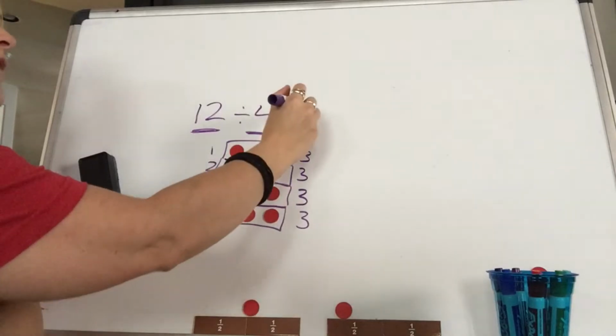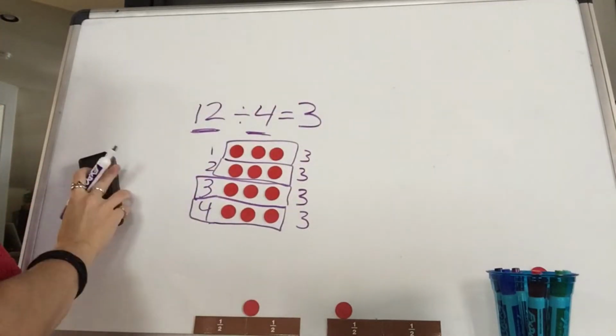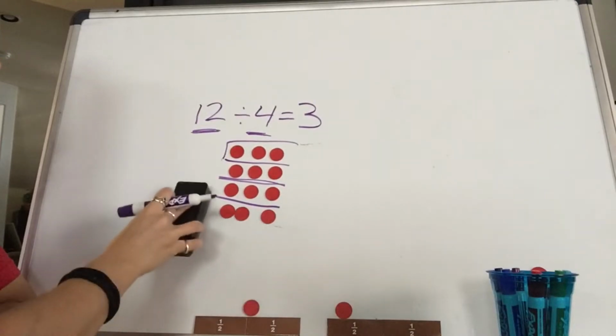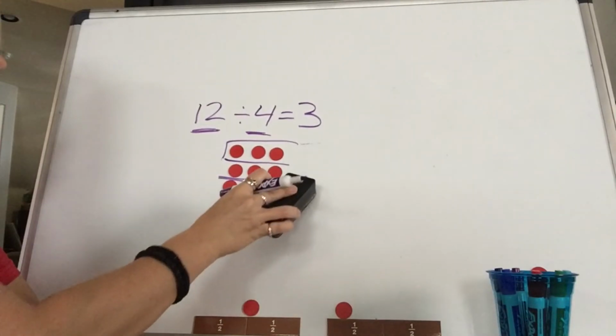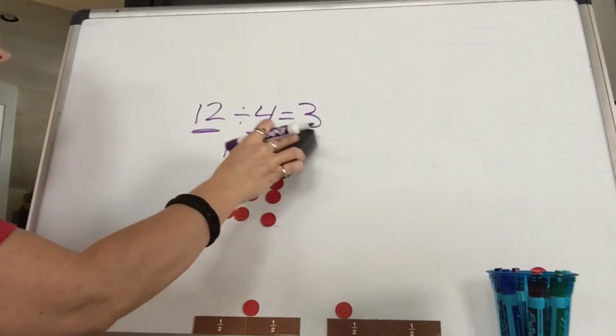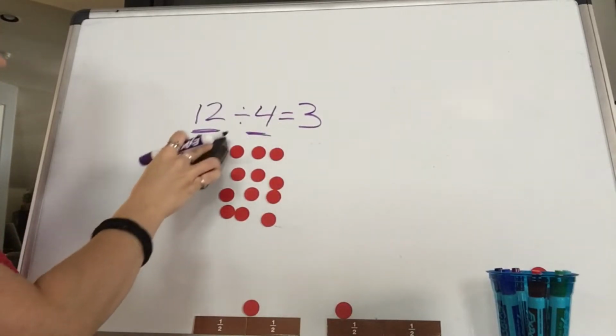So I know that 12 divided by 4 is 3. That's what we've been doing all year. All year we've been talking about numbers that fit together evenly. We know that we can get 4 groups of 3 and it will make a nice neat 12.